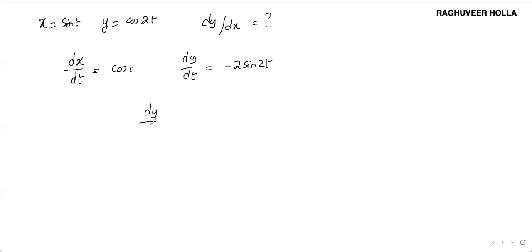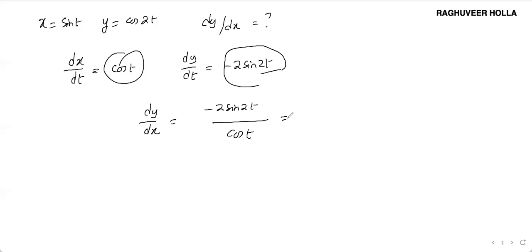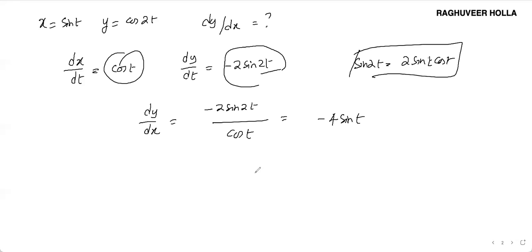So dy by dx will be minus 2 sine 2t divided by cos t. Now sine 2t is 2 sine t cos t, so please remember this. You can cancel cos t, and dy by dx is minus 4 sine t.